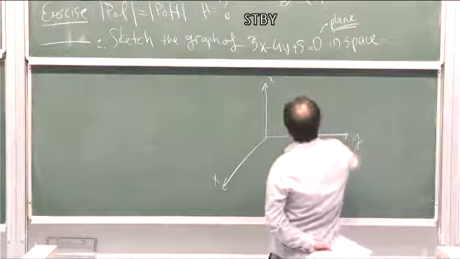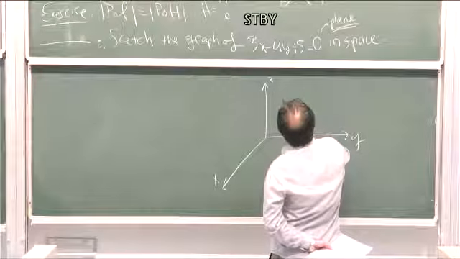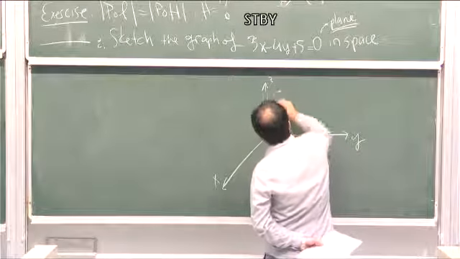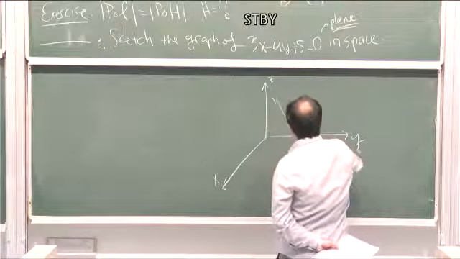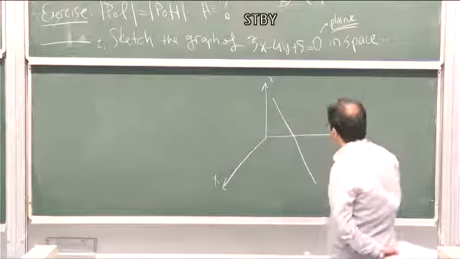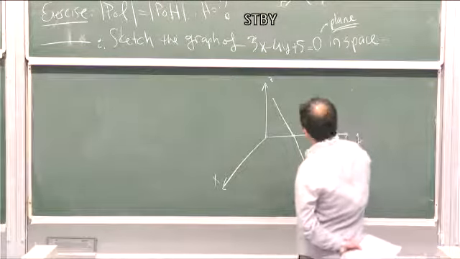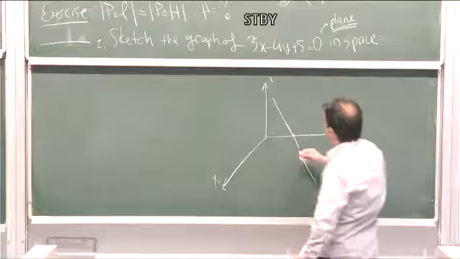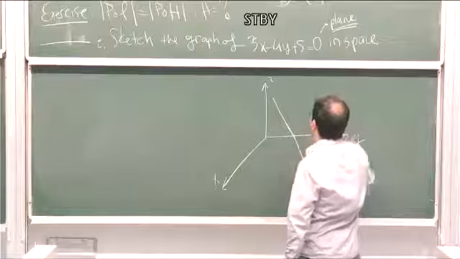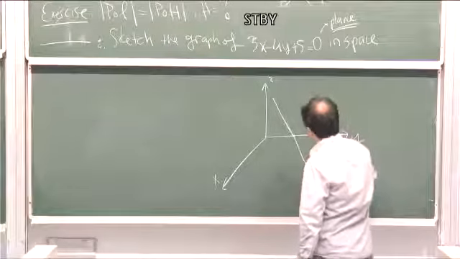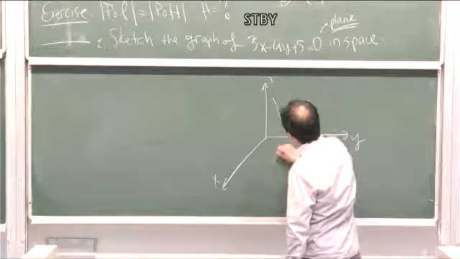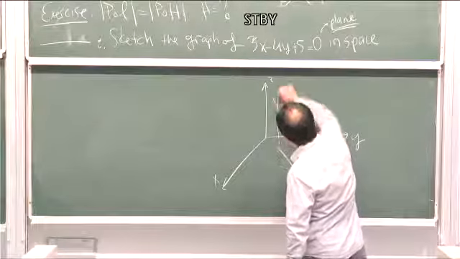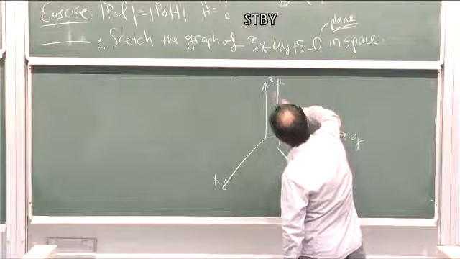It will be from y equals 5/4 to x equals minus 5/3. Unfortunately this will not look so good. Anyways, this is the line, and it will be parallel to the z-axis.